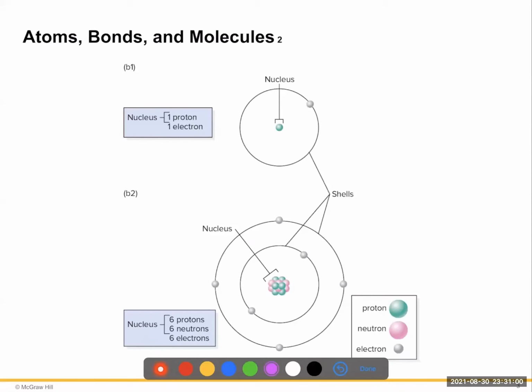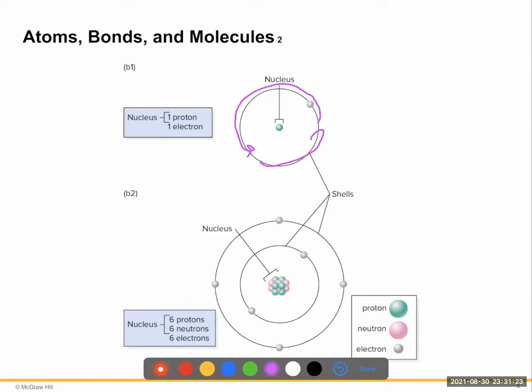Okay, so basically you have a nucleus inside an atom, and you have these electrons spinning around it in orbits. If you think about the center of an atom as the nucleus, and then the entire size of the atom, it's like a football stadium down in San Diego.